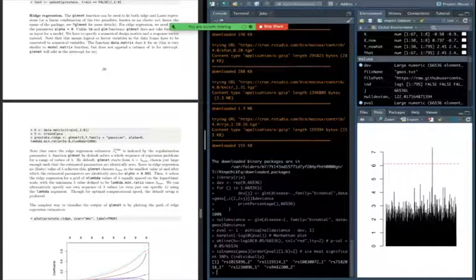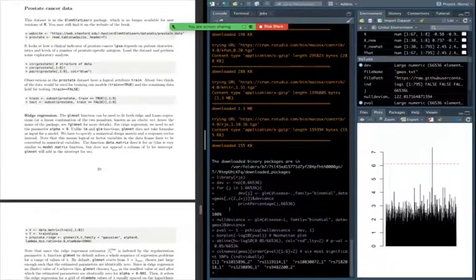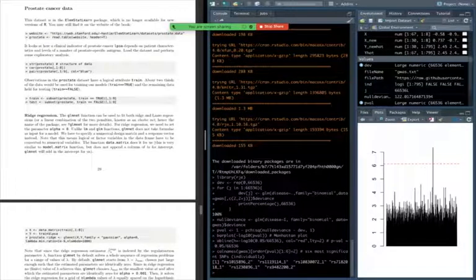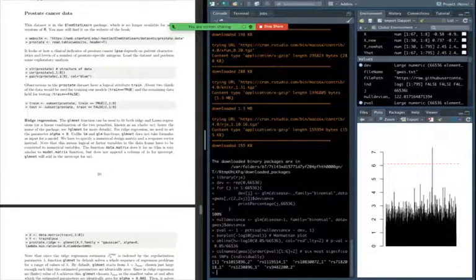Why do we set the parameter family to be equal to Gaussian? Because that's generally determined by the response variable, right? And the response variable here is this LPSA. I seem to remember. I can't find it.